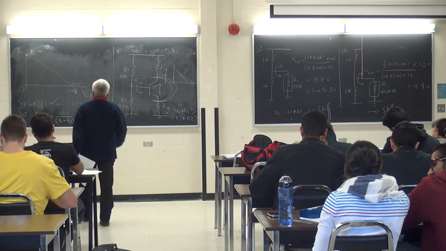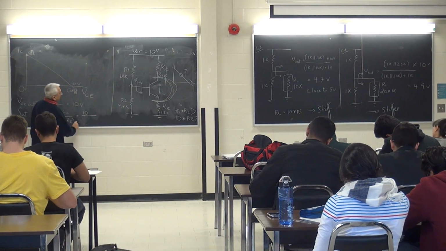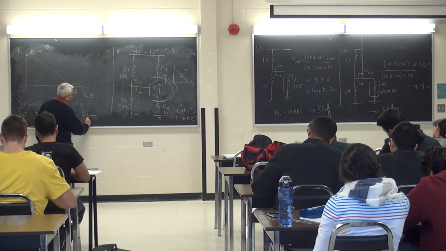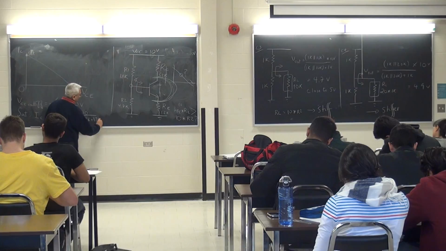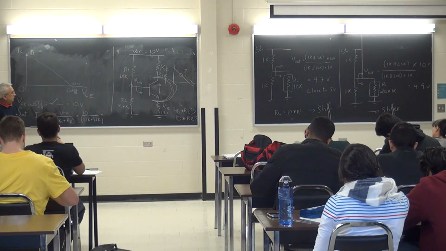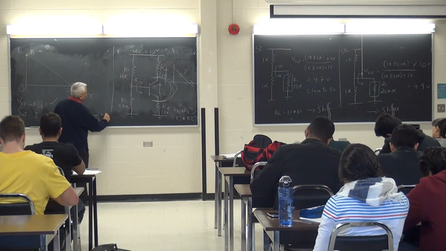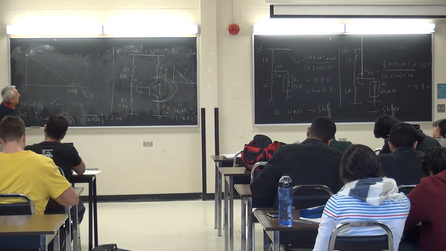So, how much? 10 over 3.3K plus 1.2K, which is 2.2 milliamps. Where do I show it on the graph?